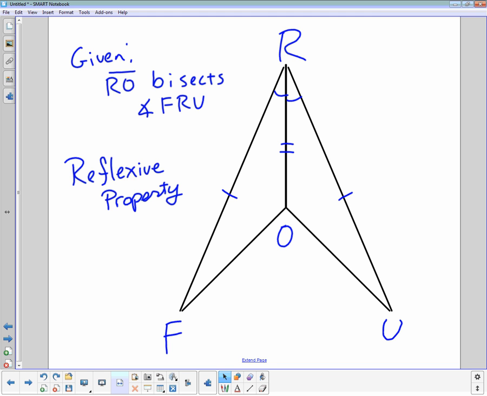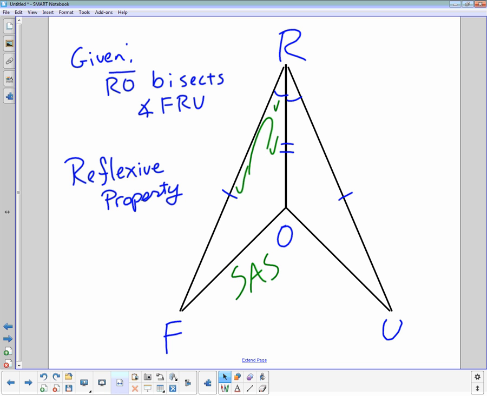So now let's look at each triangle, because now each triangle has 3 pieces. I know this, I know this, I know this. And is it true on the other side? So write down a congruent statement and tell me that it's congruent by side angle side.